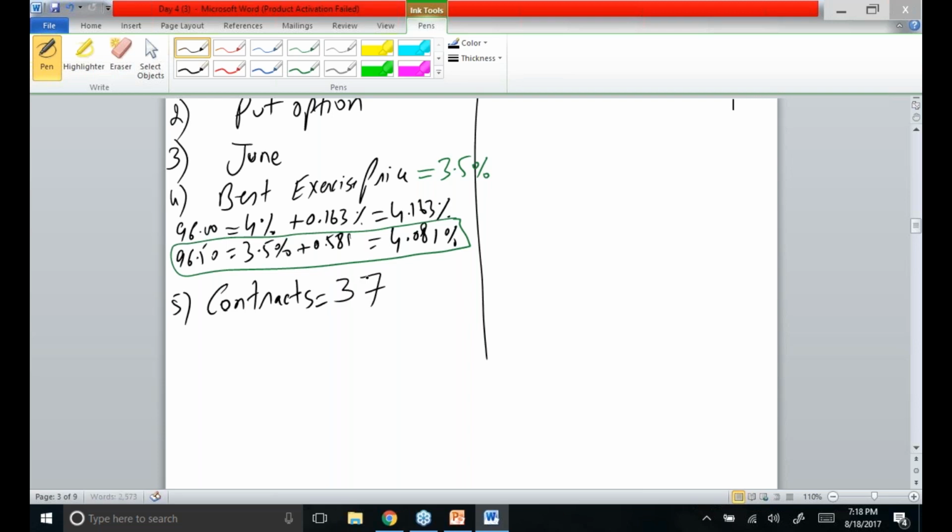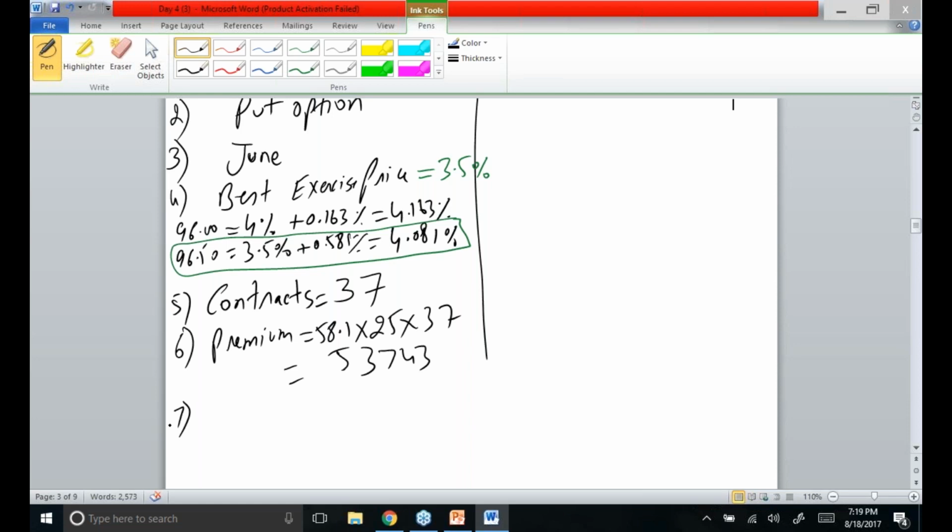If I correctly remember, it was 37. Okay, the next step is calculate premium cost. What was the premium cost? 0.581, and when you convert 0.581%, it will be 58.1 ticks. Multiply it with the tick value and into the number of contracts, and it will be 53,743.